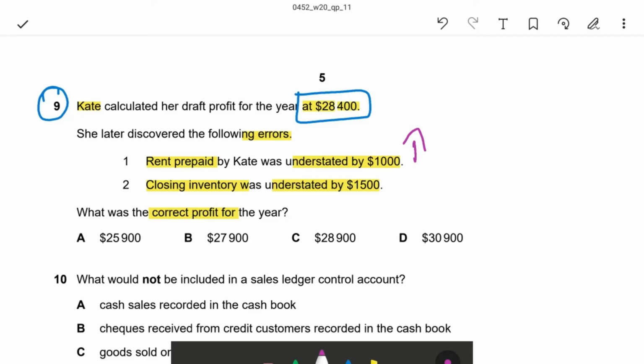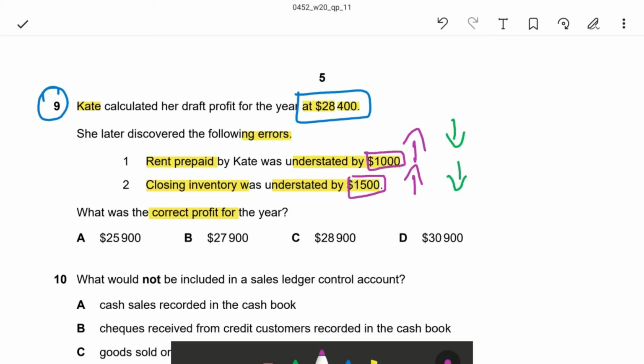Then closing inventory reduces the cost of sales. So closing inventory understated means cost of sales must be overstated. Expense overstated means profit must be understated. So these errors understate the profit.